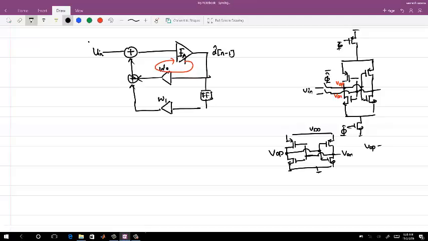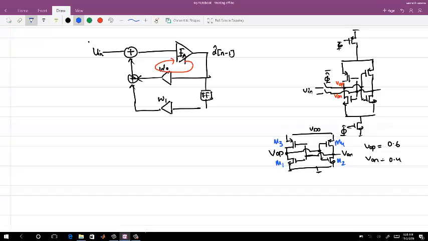If VOP to begin with is 0.6 and VON is equal to 0.4, this is the initial voltage I put on these cross coupled nodes. Now let's say this is M1, M2, M3 and M4. If VOP is 0.6 and VON is 0.4, which of the NMOS, M1 and M2, is more active?